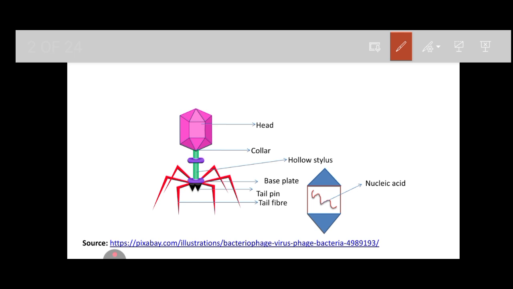A typical bacteriophage has a complex head, right, which encloses the genetic material. It is called the capsid, a protective layer which encloses the genetic material of the virus. Remember, this is the structure of the phage head, which contains the nucleic acid. At the base of the head, you could see a hollow stylus, a tube that extends from the collar of the bacteriophage.